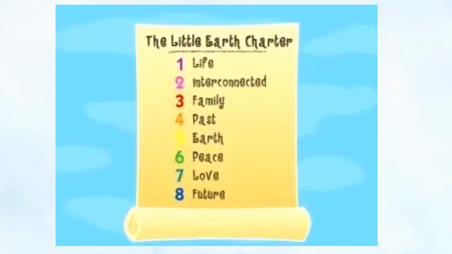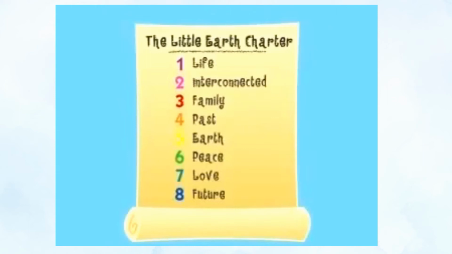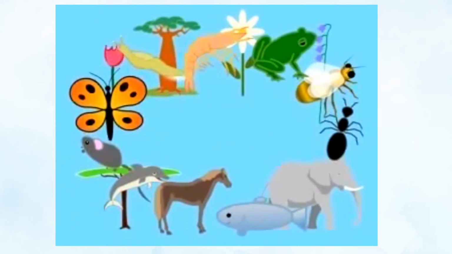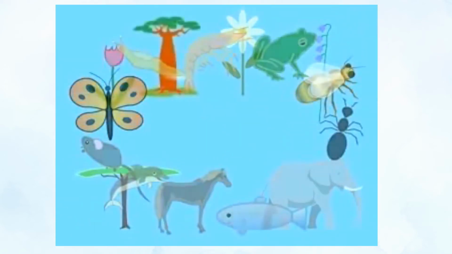5, 4, 3. From 1 to 8, the Little Earth Charter. Earth and Rosie will take you there. The Little Earth Charter. 8 principles for a better world. Principle number 1 is life. Life? What do you mean? The principle of life means respecting and caring for all living things, no matter how big or small. All life is important.